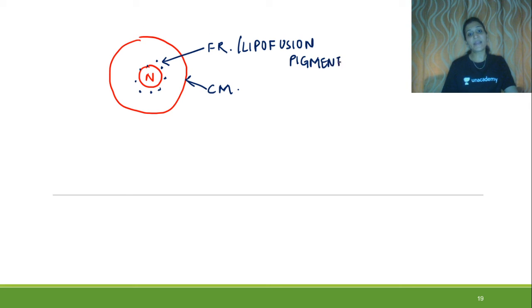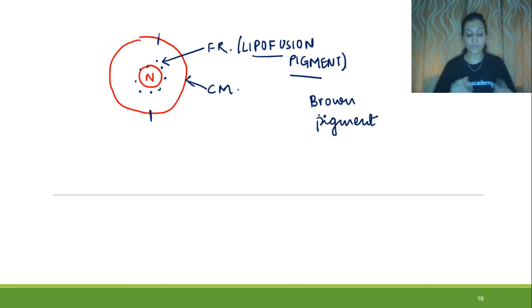Whenever these free radicals damage the cytoplasmic membrane, they enter inside and form lipofuscin pigment, right? This lipofuscin pigment is a brown pigment, and it is distributed outside of the nucleus, right?